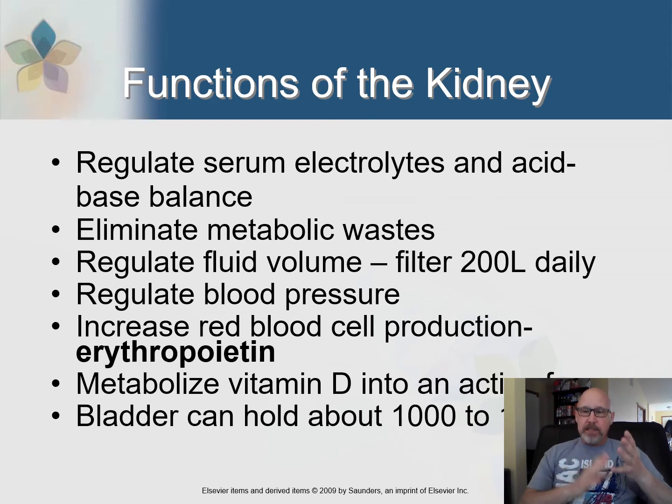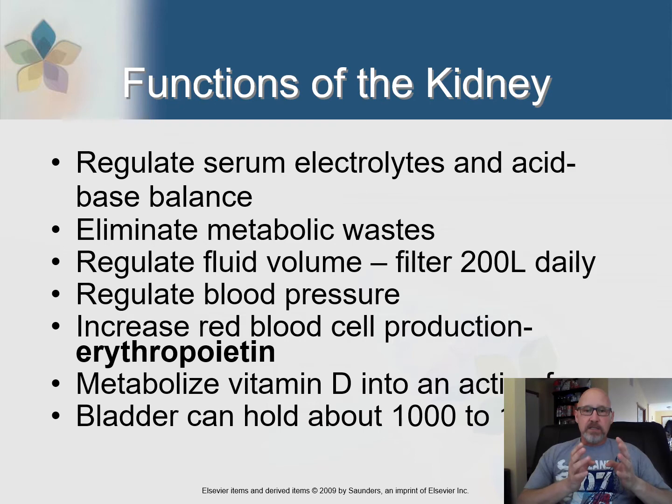But in addition to that, it is so closely tied to the vascular system that it actually regulates how many red blood cells you have through the creation of erythropoietin. The kidneys actually produce erythropoietin, so it tells the body to make more red blood cells when it needs more red blood cells.